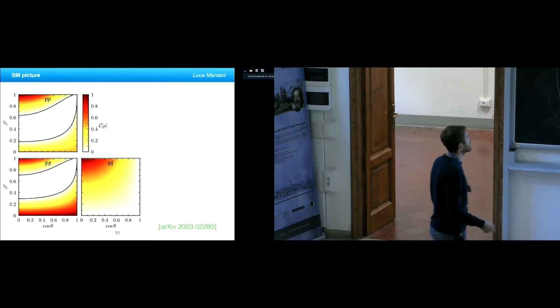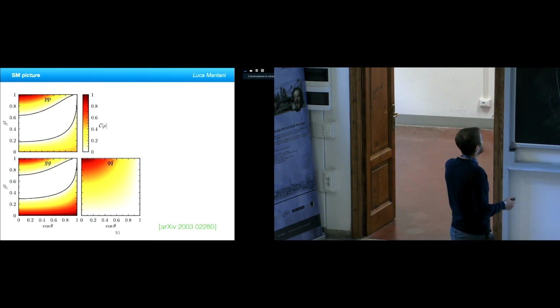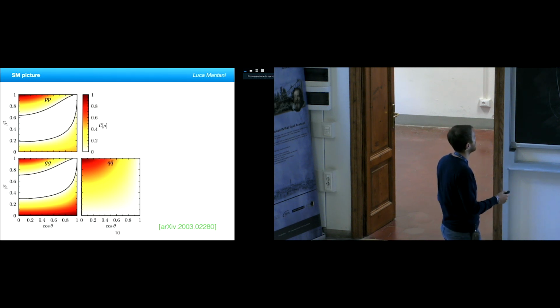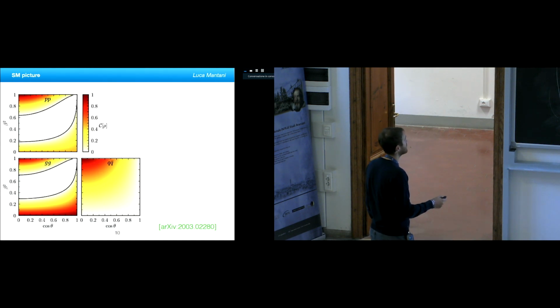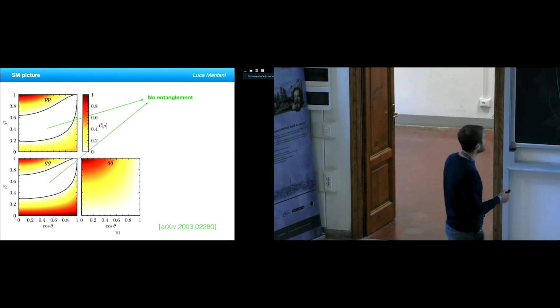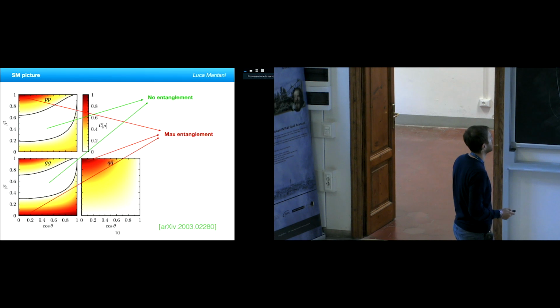As we have seen also in previous talks, and here it's broken down into also the partonic channels. So we have the proton-proton, the total, the weighted sum, and then the individual partonic channels. We have a region that is not entangled, that is basically coming from the gluon fusion process, and it's also present in the proton-proton case.